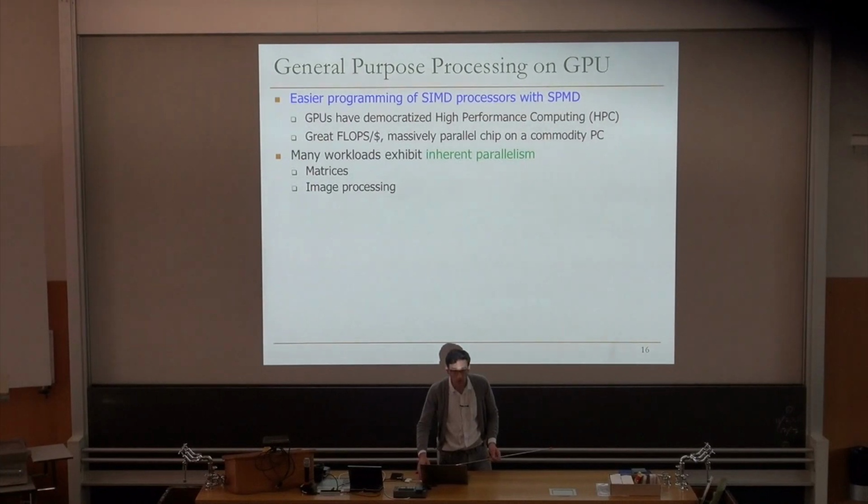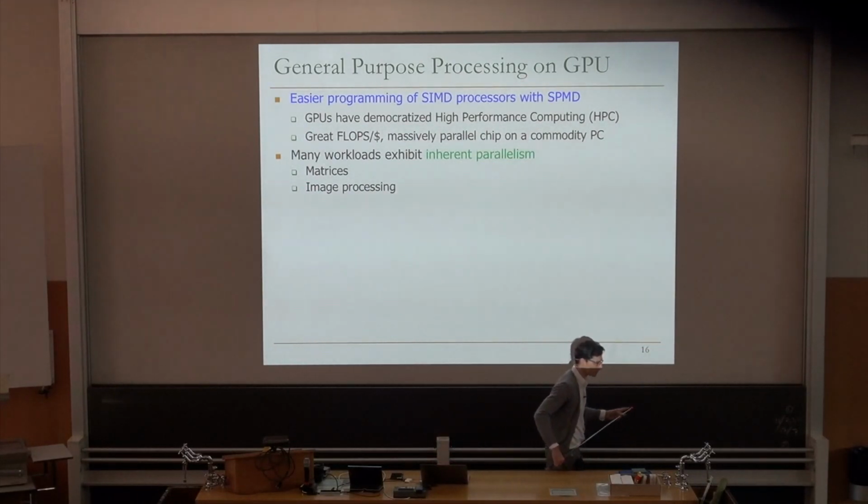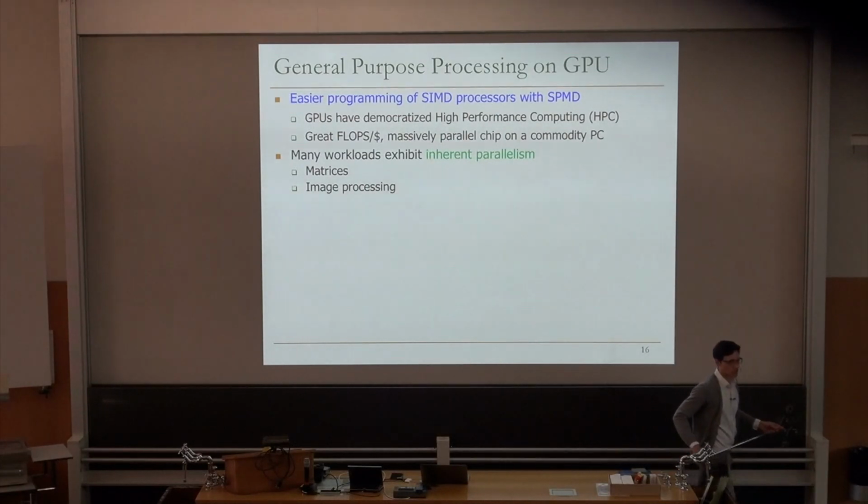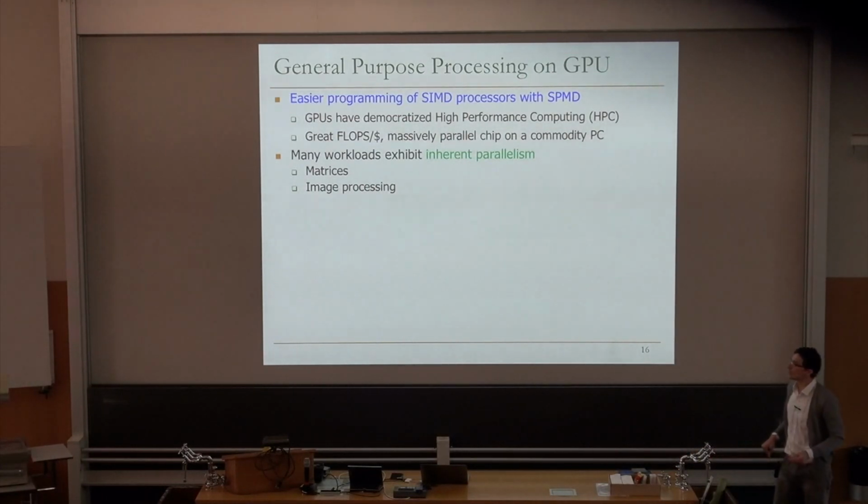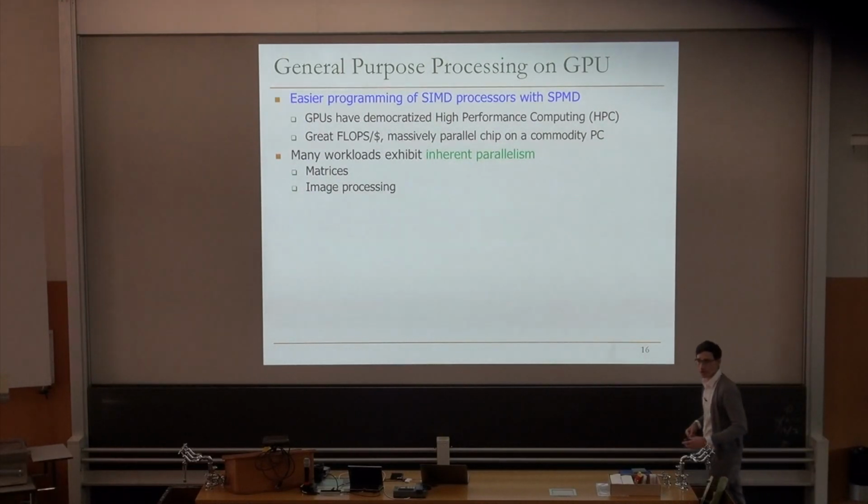Where are they going to be useful? Usually in applications that exhibit inherent parallelism, especially data parallelism. We can talk about matrix operations, we can talk about image processing. These days we talk about deep neural networks.